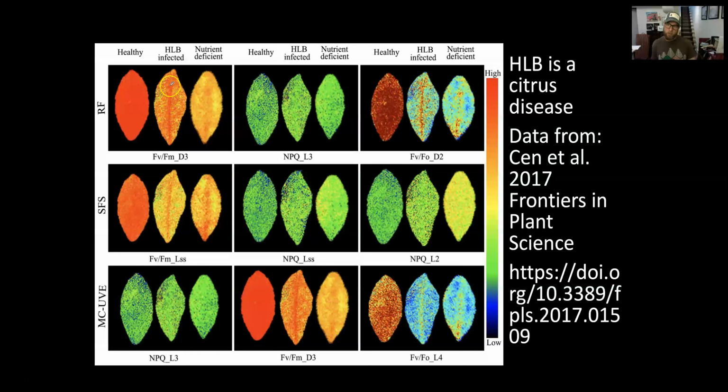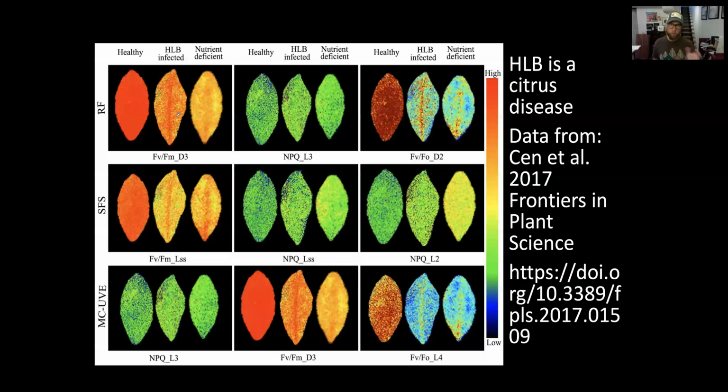There are some places in this leaf that have relatively high FV/FM, but lots of places that have much lower FV/FM values, which again means those photosystems are not working anymore, and so they're not even fluorescing light when they're closed. And all these images were taken with a hyperspectral camera, so you can get this really high resolution of what's going on in an individual leaf.